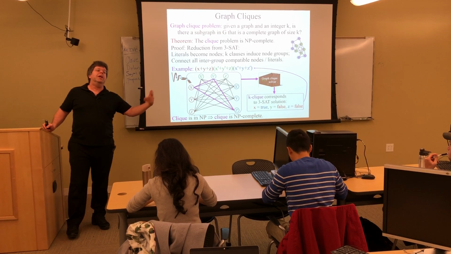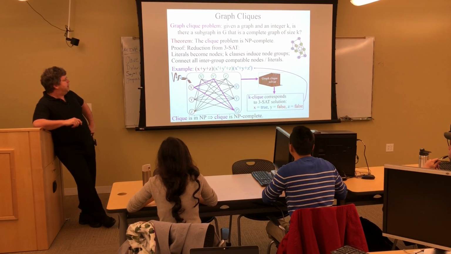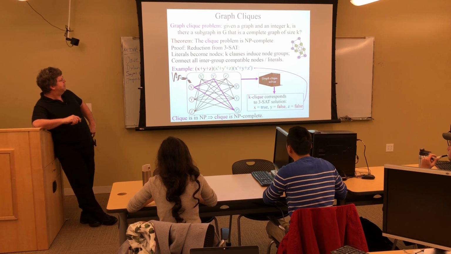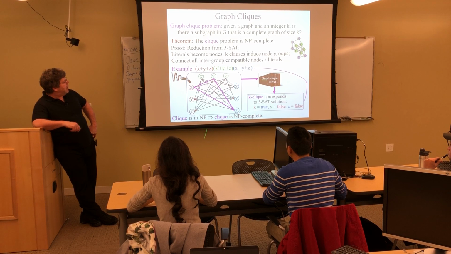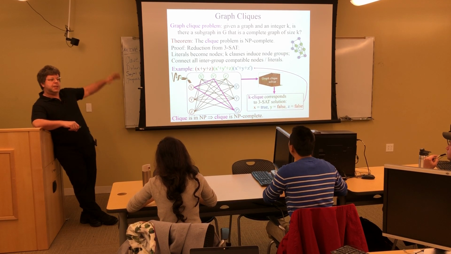Every node can be connected to every other node, so it's n choose 2 or n squared roughly. So this graph will be at most quadratic in the number of nodes here, and possibly a lot less than quadratic. So here's a polynomial time reduction. So if you had an efficient graph clique finder, this is how you build an efficient SAT solver from it.